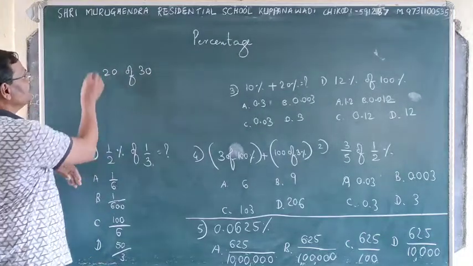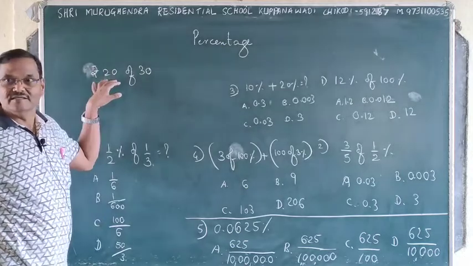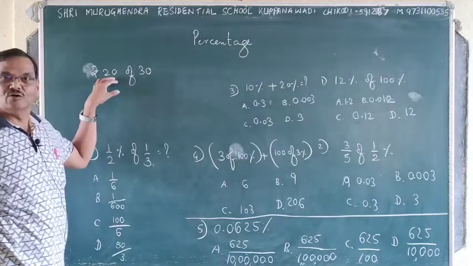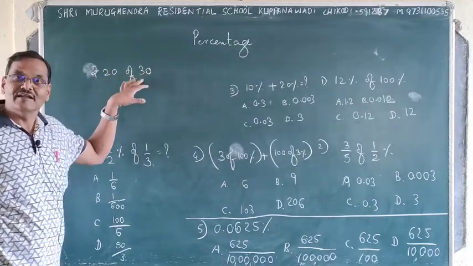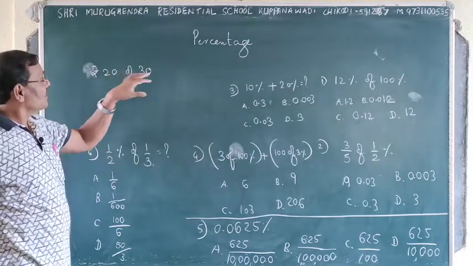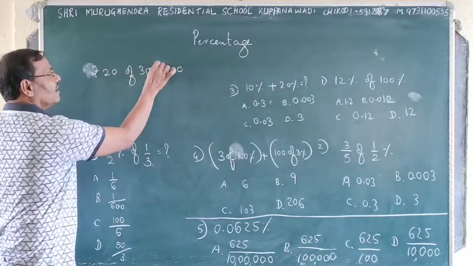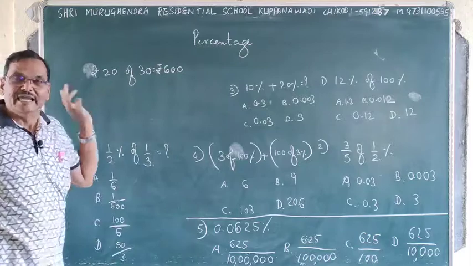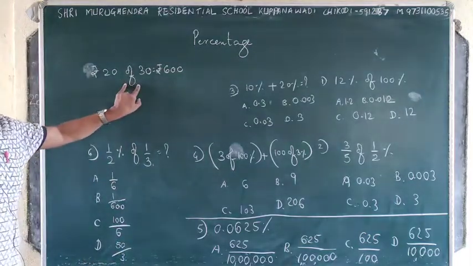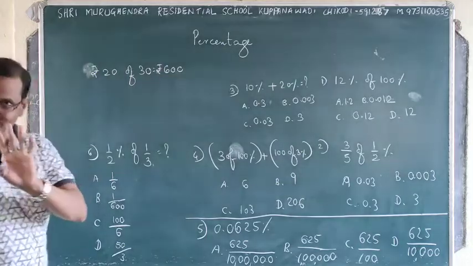Say, rupees: 20 currency notes are there. How many rupees are on each note? 30. 20 currency notes of 30 means 600 rupees you have, isn't it? It means that "of" means multiplication, and 20 30s are 600.